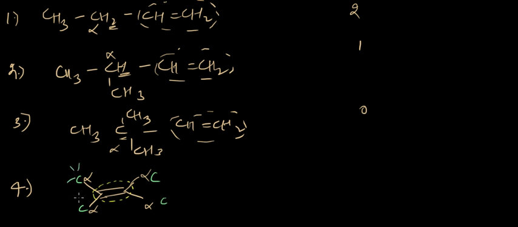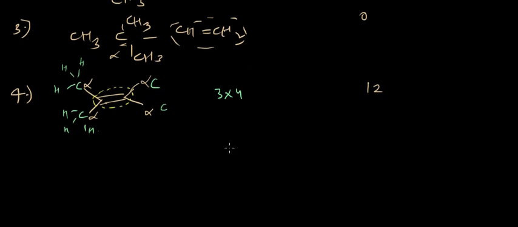All the carbon atoms have 3 hydrogen atoms. So 3 multiplied by 4, the answer would be 12. By now I think you might know how to calculate the number of alpha hydrogens for an alkene.